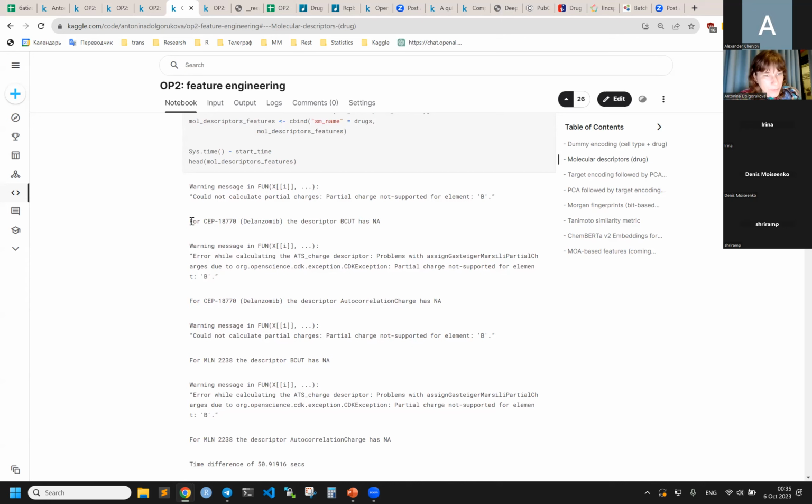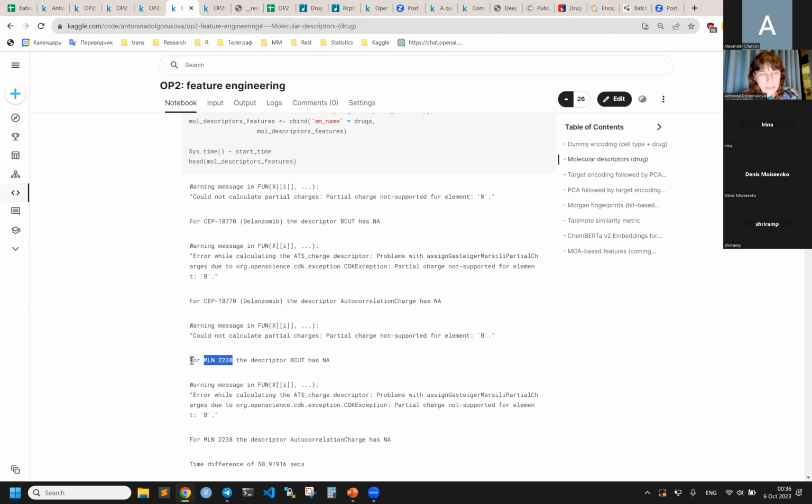Anyway, I got some warnings, which may be quite important, because they say that two molecules, this one, you see the name, delanzomib, and this one, MLN2238, get NA for two descriptors, this one and autocorrelation charge. Two descriptors produce NA for two molecules.